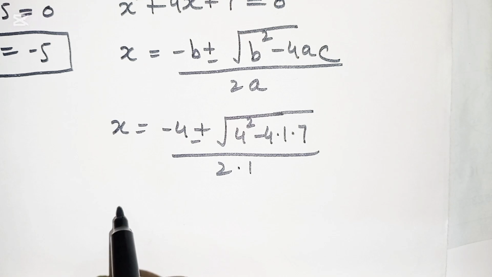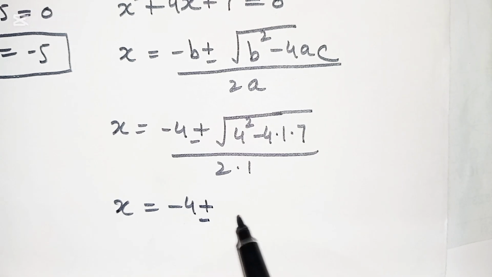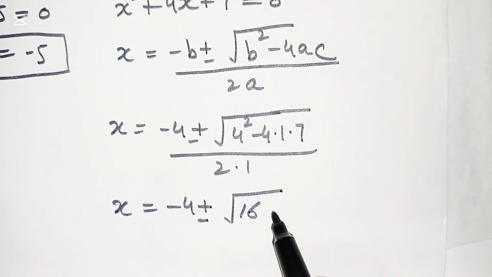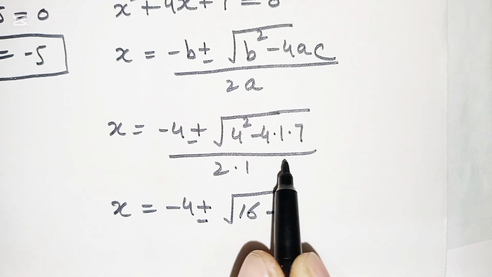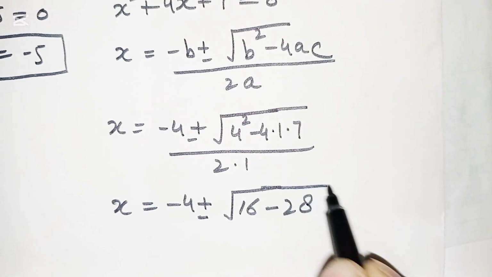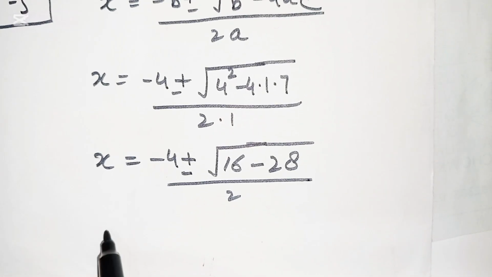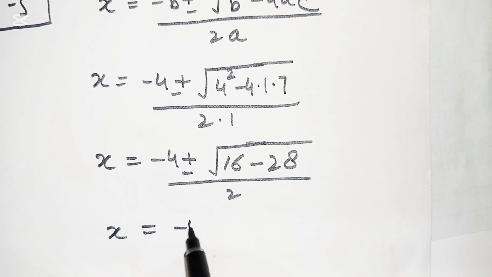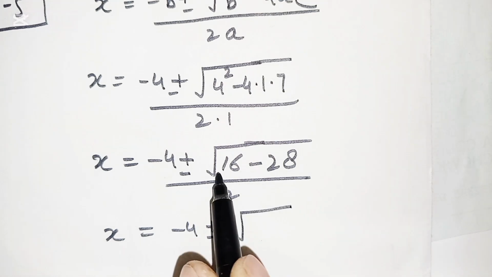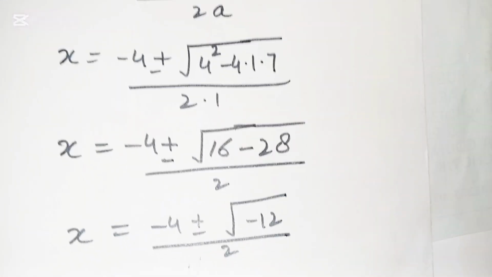And now x is equal to minus 4 plus minus square root 4 square is 16 and minus 4 times 1 times 7 is equal to 28, and then over 2. And now x is equal to minus 4 plus minus square root 16 minus 28 is equal to minus 12, and then over 2.